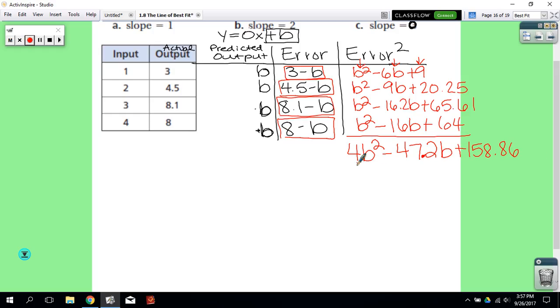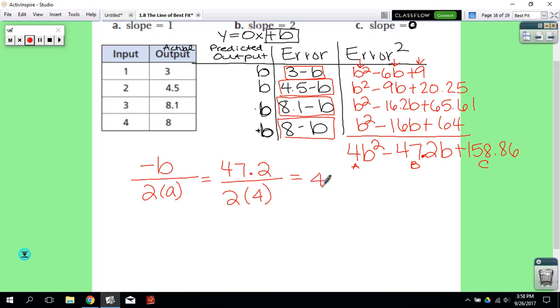And then this is the part that's going to help us find the b. So if this is our a, this is our b, this is our c. Remember, we take the opposite of b and divide it by 2 times a. So the opposite of b would be a positive 47.2. Divide that by 2 times 4, which is 47.2 divided by 8, which I believe gives us 5.9.